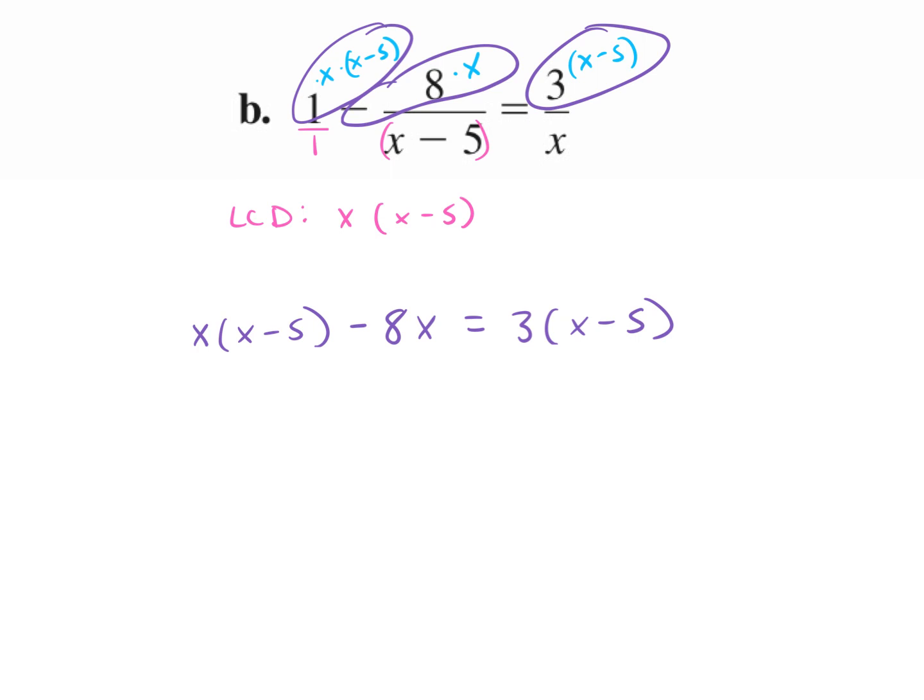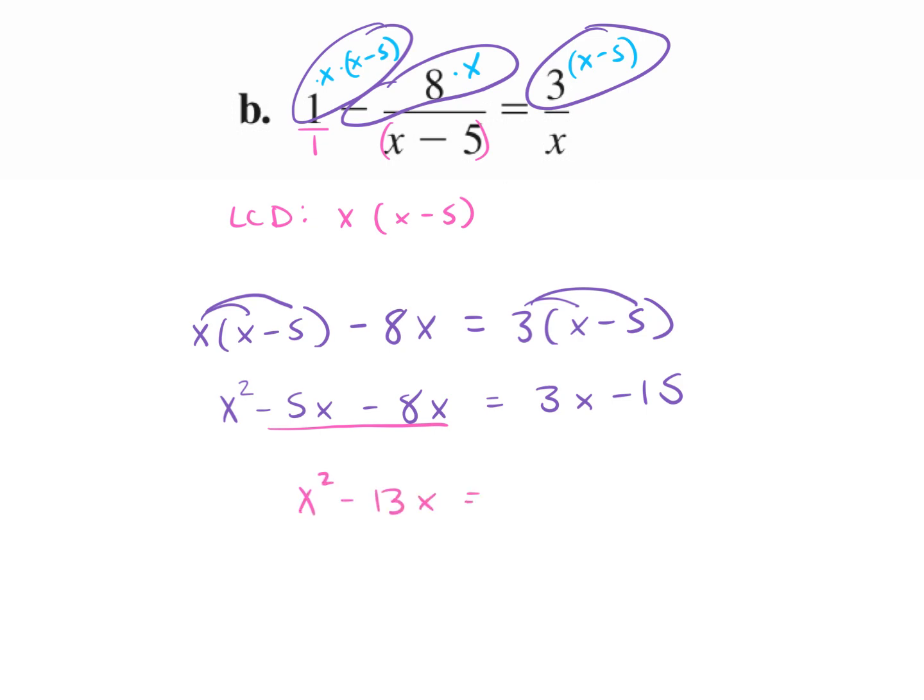What should I do next? Distribute. So I'm going to distribute that x, and then I can distribute the 3. So it gives me x squared minus 5x minus 8x is equal to 3x minus 15. Then what would we do? Combine like terms. So I have like terms on this side that I can combine. That would give me x squared minus 13x is equal to 3x minus 15.